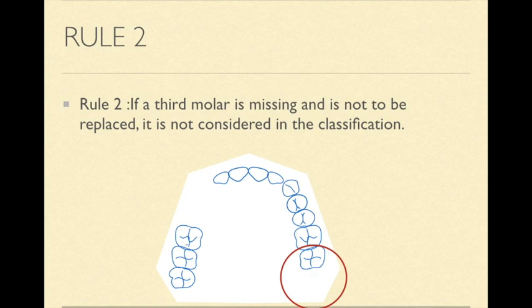For example, here the patient is missing tooth number 16 and you are not restoring it, then actually this case will just be called Class 3, depending on the right side's missing area.